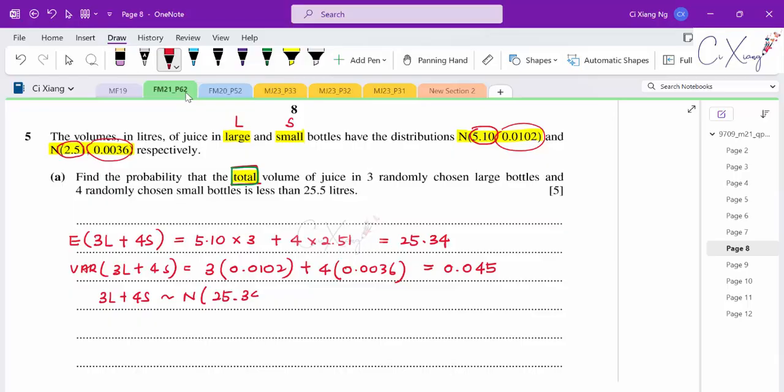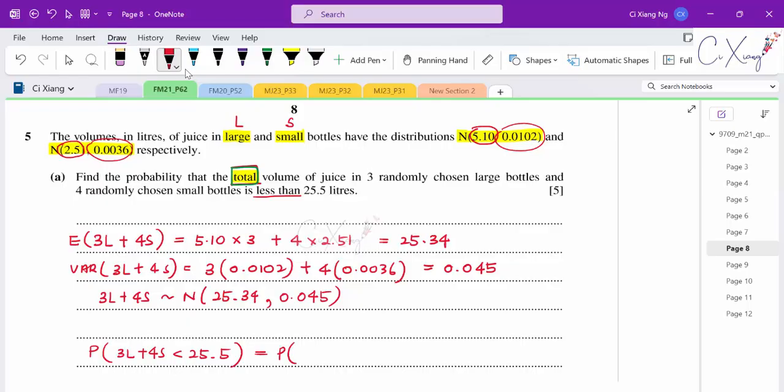Mean is 25.34 and the variance is 0.045. Okay, and for this question, they want us to calculate the probability that 3L plus 4S, the total volume, is less than 25.5.